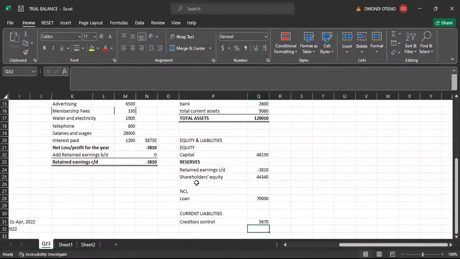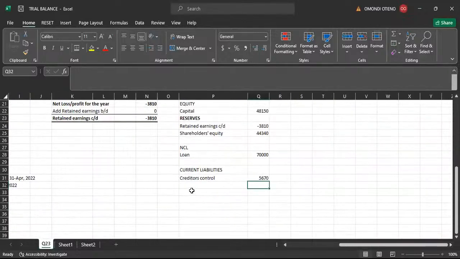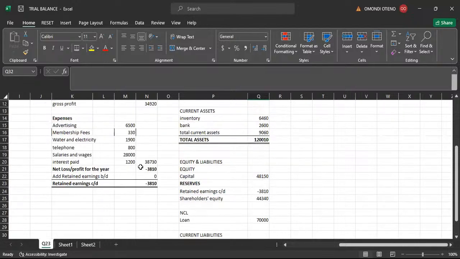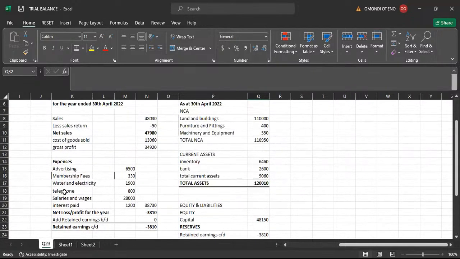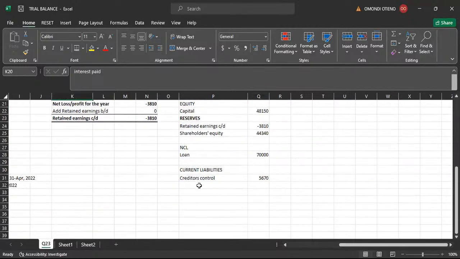So we can now go ahead to get interest paid. That was an expense. It was already paid. They indicated it is interest paid. So if it is paid, it only finds its way to statement of comprehensive income, not statement of financial position.